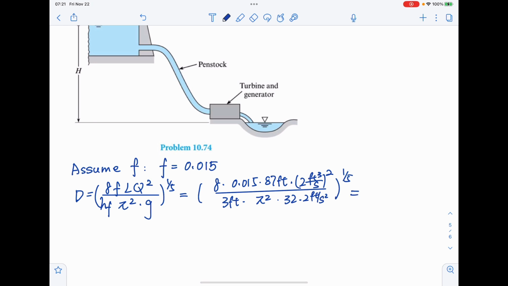So the diameter should be about 0.535 feet. Okay.